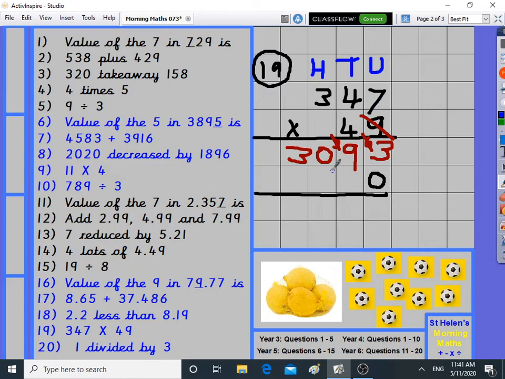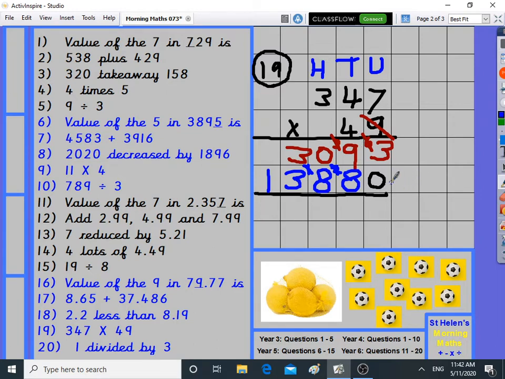So 4 times 7 is 28. 4 times 4 is 16. Plus 2, 18. Always pause if I go too fast on these, and just catch up and then carry on. 4 times 3 is 12, plus 1 is 13. Cross out the little ones. The second line is always bigger than the first line.